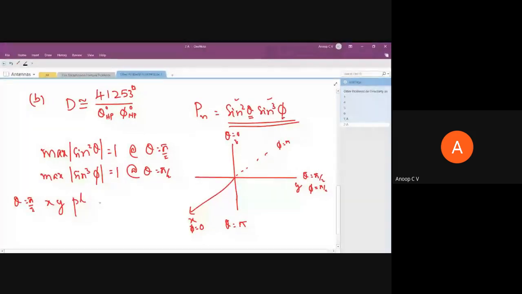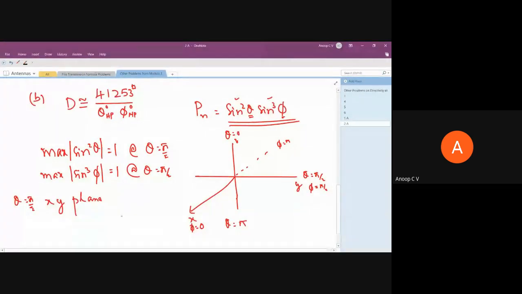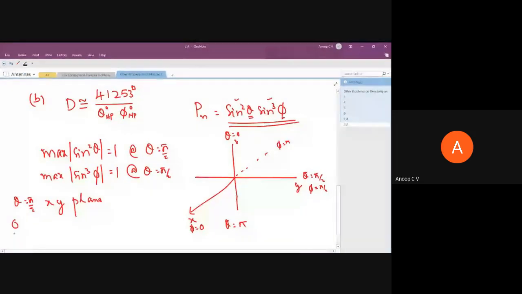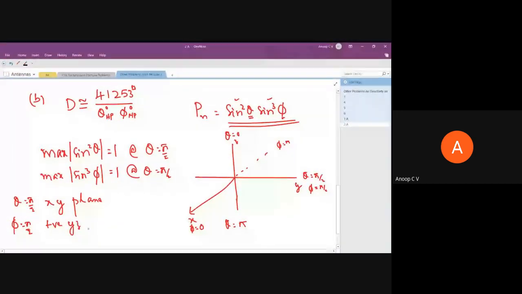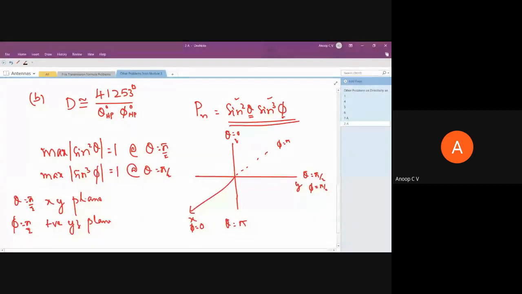Theta equal to pi by 2 is the XY plane, and phi equal to pi by 2 is the positive YZ plane. This is in 3D.